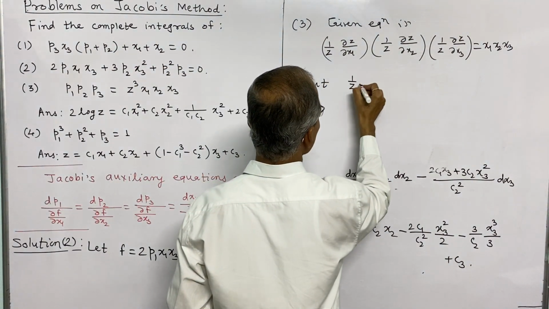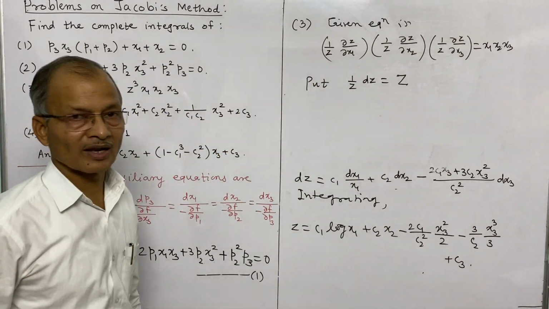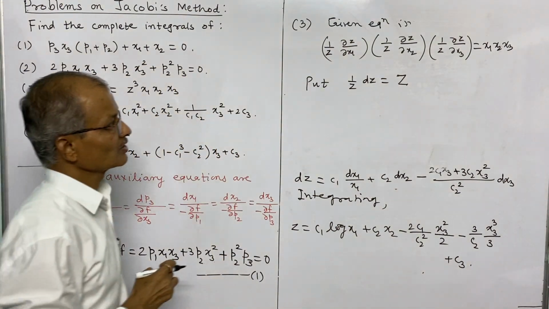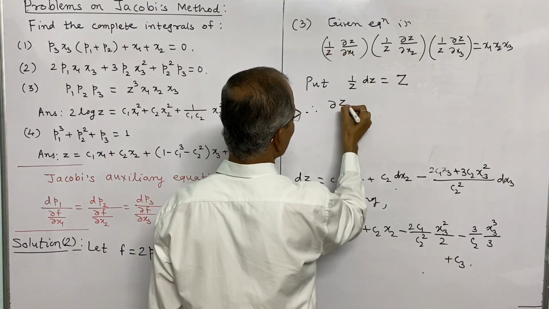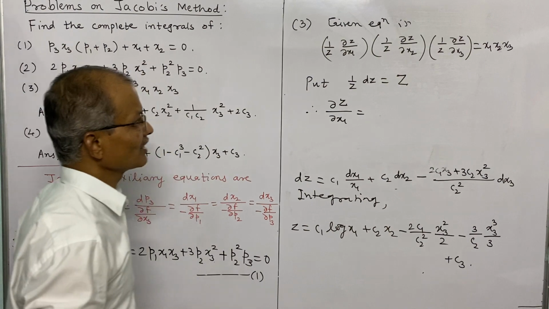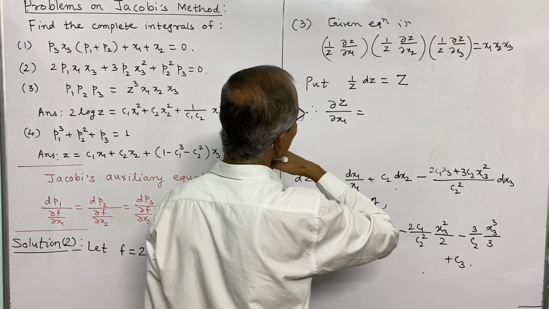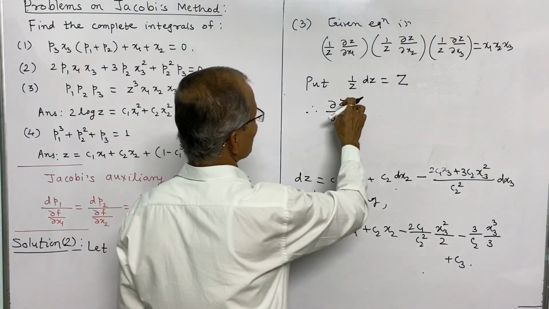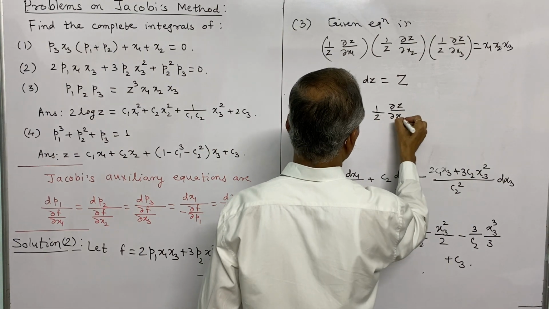We put 1 by z dz equal to capital Z. If this is so, then what will be the differentiation of capital Z with respect to x1, x2, etc.? Therefore dou capital Z by dou x1 will be the derivative of this 1 by z dz with respect to x1, and that is 1 by z dou z by dou x1.